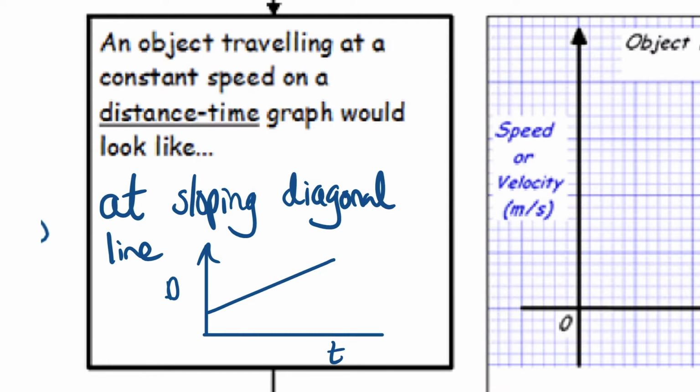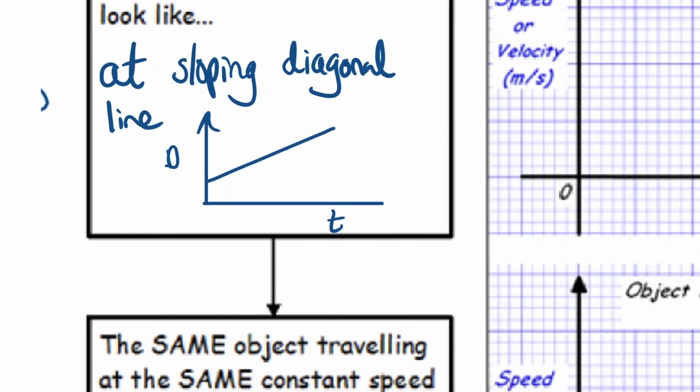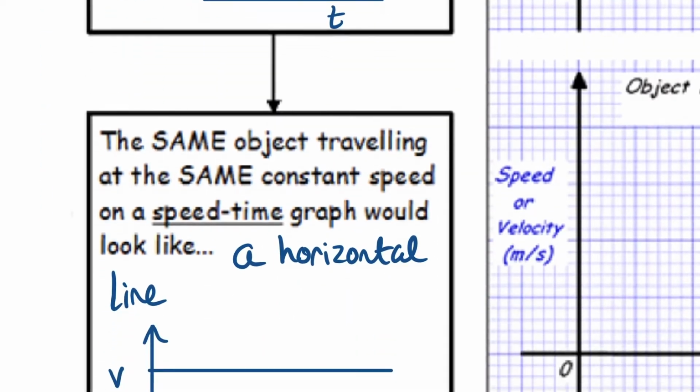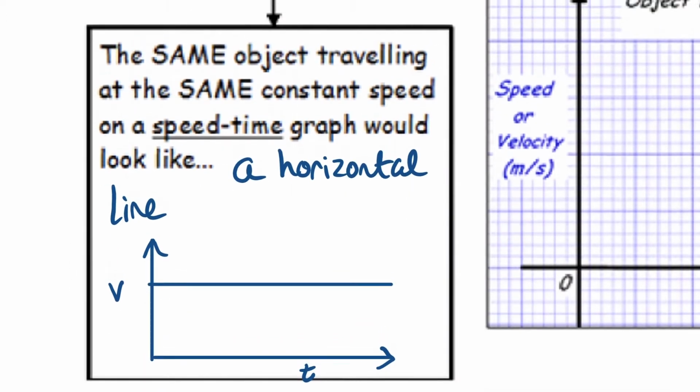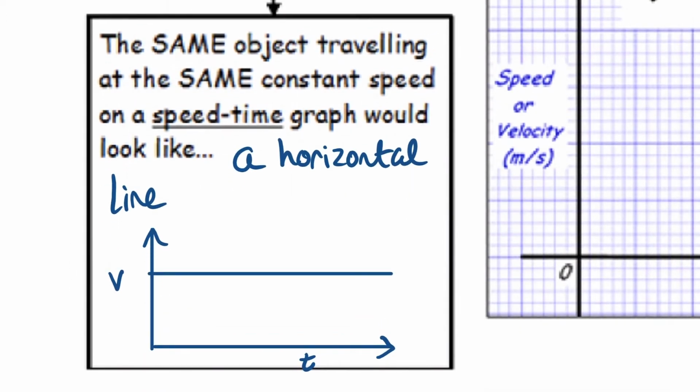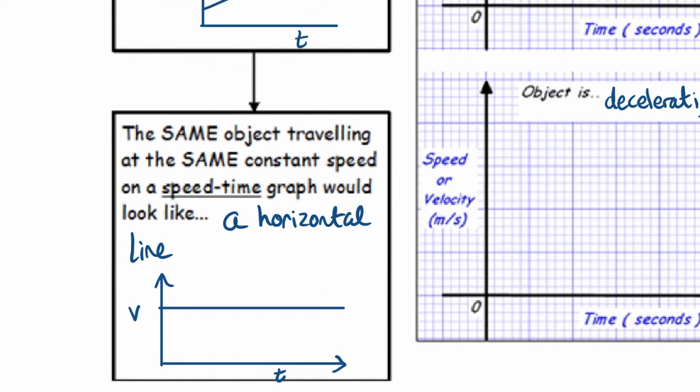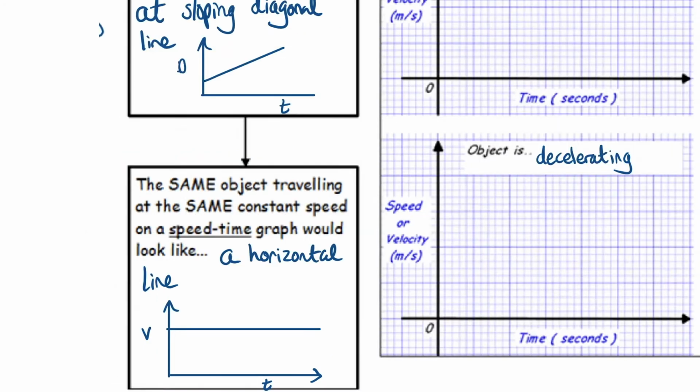It's constant speed because the distance is changing at a constant rate with time. Now, for a velocity time graph, constant speed would be quite different because the velocity isn't changing with time, meaning constant, then it's a horizontal line. So that's just there to start you thinking about the differences between the two.